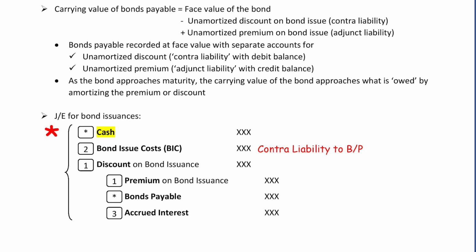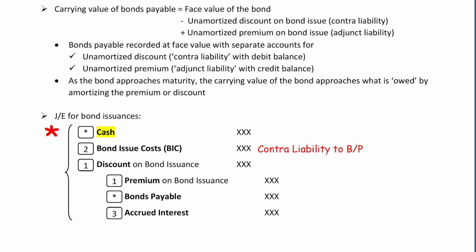Now BIC in short are deducted from the carrying value of bonds, and the rule is to amortize them using the effective interest rate method. So the amortization of BIC is similar to how we amortize discount or even premium on bonds payable.